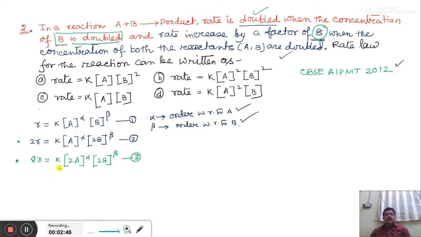So 8R is equal to K into [2A] to the power alpha and [2B] to the power beta.